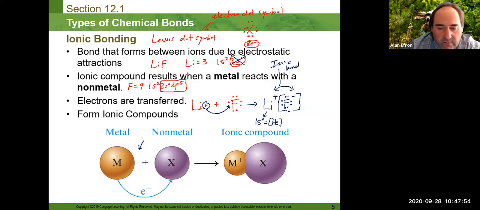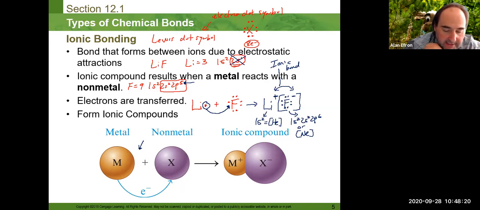And our fluorine picked up that electron, which is going to go right in there. And when it does that, fluorine with a -1 charge, or fluoride, will now have a 1s2, 2s2, 2p6 configuration, which is the same configuration as neon. And right there is really the heart of all bonding.